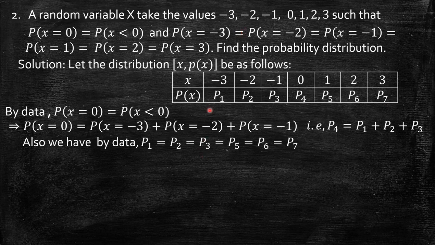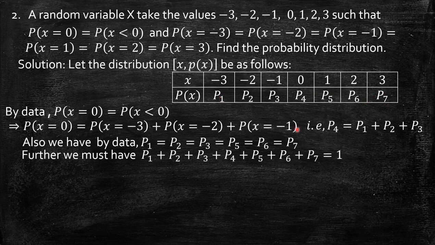Apart from that, since it is a probability function, the sum of all of these must be equal to 1. So we have p1 + p2 + p3 + p4 + p5 + p6 + p7 = 1. Using this we can solve. Since p1, p2, p3 are equal, p4 can be written as p1 + p1 + p1, so 3p1.